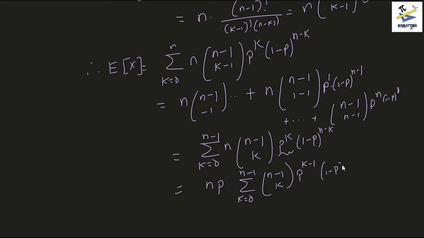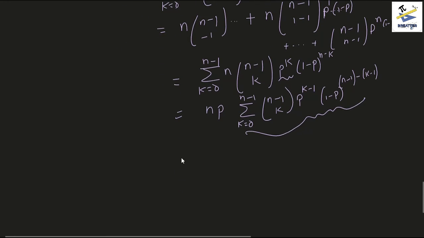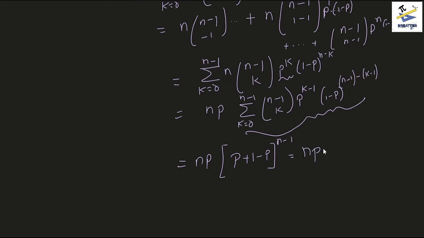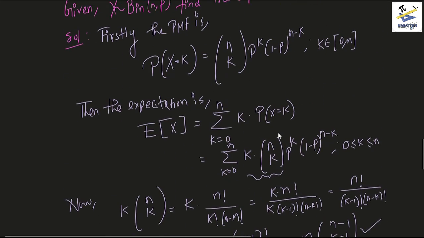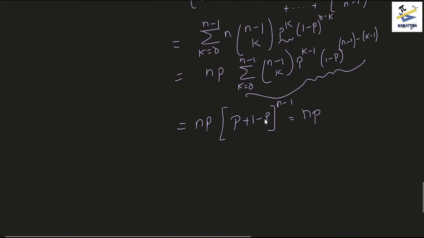And this becomes (1 minus p) whole to the power, this n minus k can be written like this, right? So this becomes a binomial expansion now, which is basically 1, because that would evaluate to (p plus 1 minus p) whole to the power n minus 1, which would give you 1, and which would give you the expectation as np, which means the expectation for the binomial distribution is just the product of the number of trials and the probability of success.